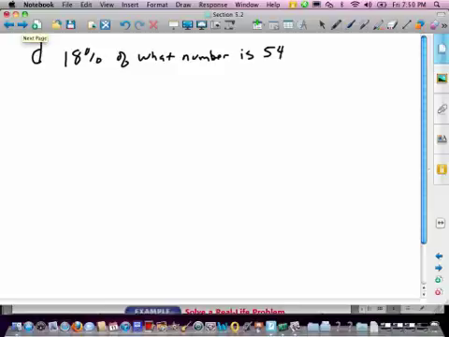If we want to do a real quick estimate, let's think 20% of some number equals 50. This is a fifth, so my number would have to be 5 times bigger. So about 250 for my estimate here. All right, let's see how close we were on that.